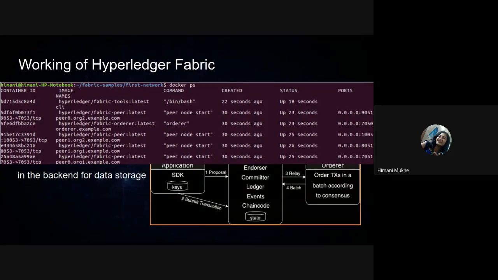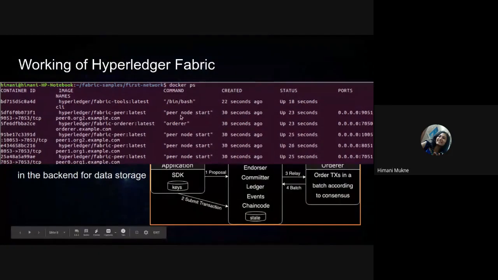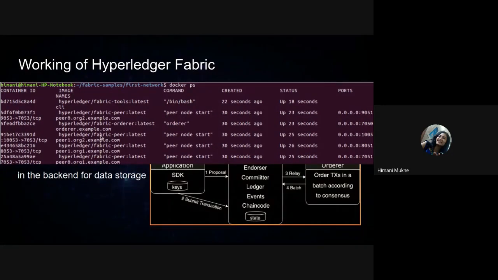If you can see here, peer 0 of org 2 of example.com has one Docker container which has a container ID. Then an orderer has a separate container ID, a separate Docker container.